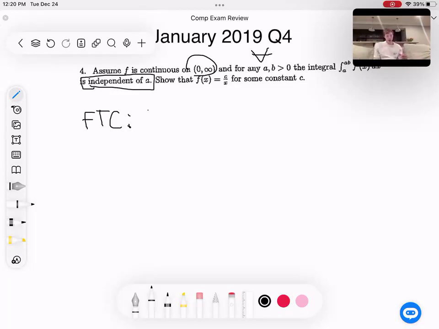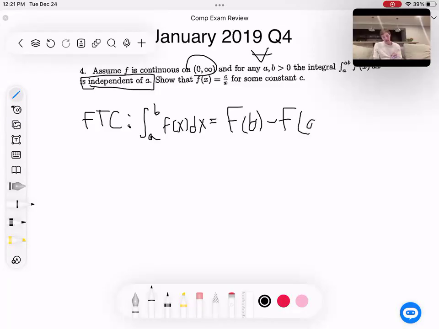That is going to state that if we have a definite integral from a to b of f of x dx, that's actually going to be F of b, minus F of a.